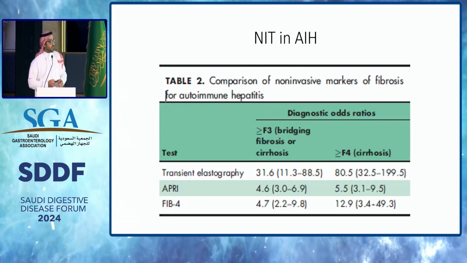Again, regarding non-invasive tests in staging fibrosis in patients with autoimmune hepatitis, we know that the blood-based scoring systems do not perform quite as well as elastography.